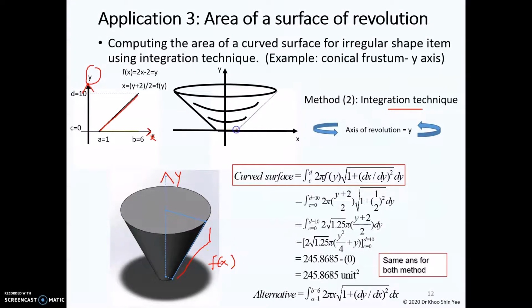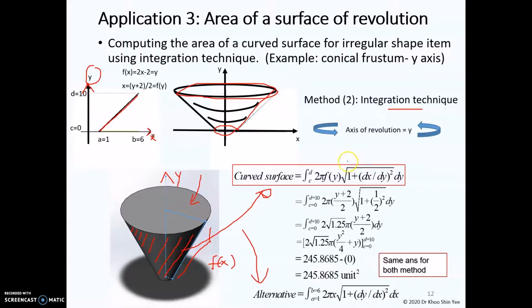So if you revolve the f(x) function 360 degrees with respect to the y-axis here, then you will get a 3D shape like this. So if you want to know what the area of the curved surface is here, then you can use this formula, or alternatively you can use another formula to compute it.